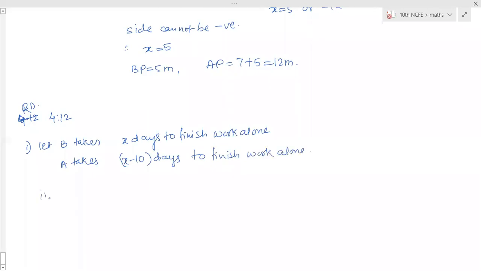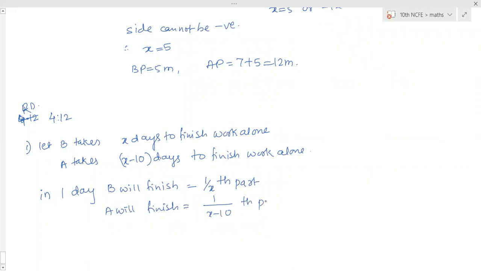So in 1 day, how much part of the work will B do? 1 by x part will be finished, and A will finish 1 by x minus 10th part.